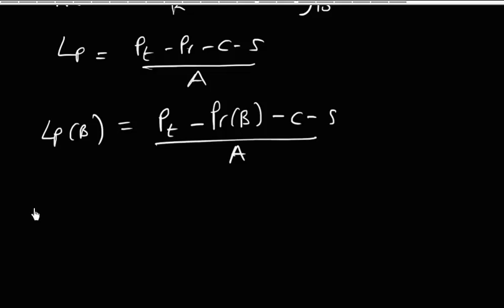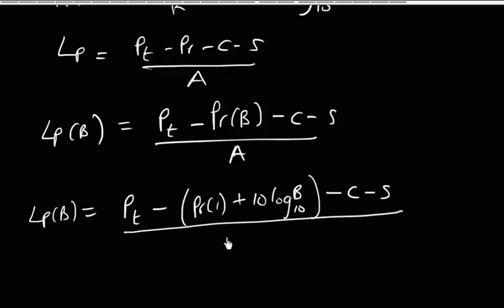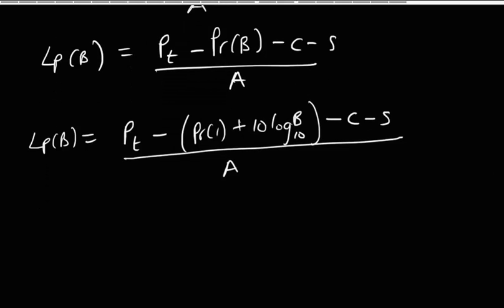Okay, so I'm just going to say LP of B is equal to PT minus, instead of PR, I'm going to have PR of 1, plus 10 log B base 10, minus C minus S over A. Yes.